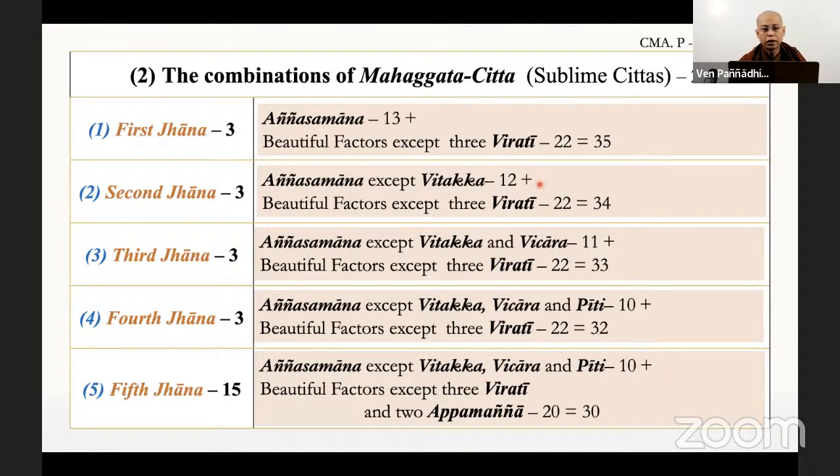So for the Virati, why is the Virati an exception? In the case of Virati, it always takes the object of commitment. That is called the object of transgression. That is, we take a living being as the object. For example, if someone is trying to kill, the object is a living being.